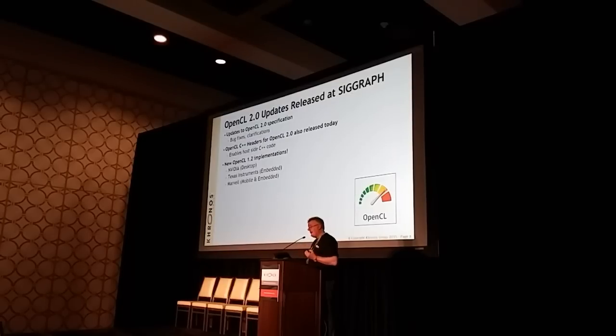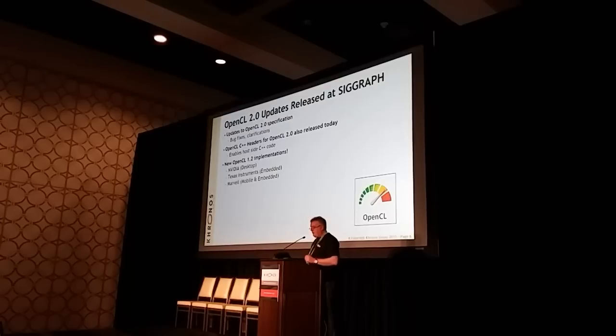So we definitely appreciate the feedback that we're getting. We do listen and we do fold them into spec updates to improve the specs over time. Also, Lee has been working on C++ headers for the host side code on OpenCL 2.0, and they were also released here at SIGGRAPH. Not quite today, but it was Monday.